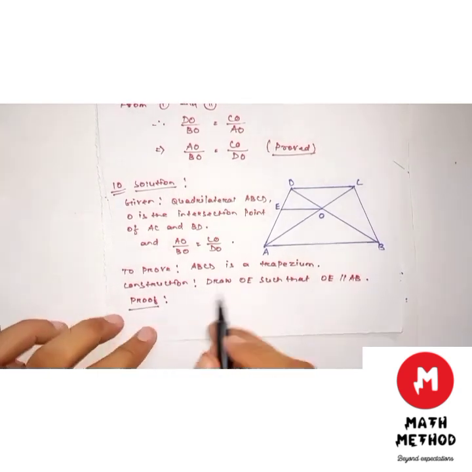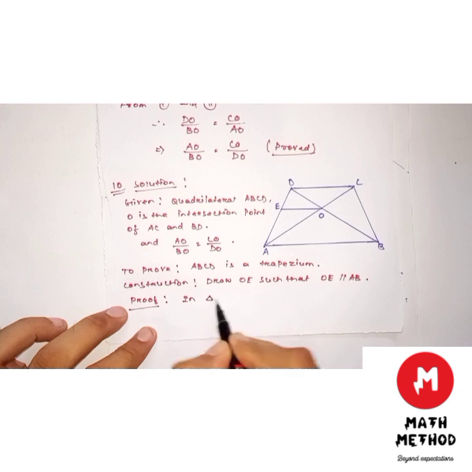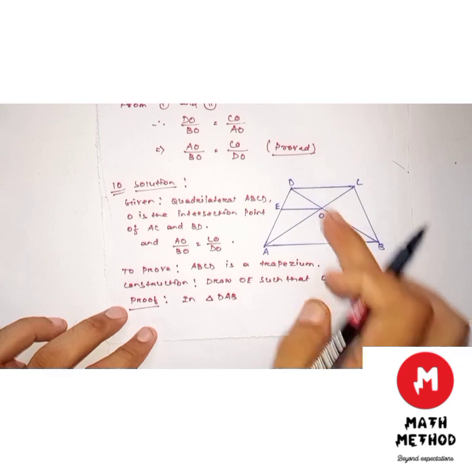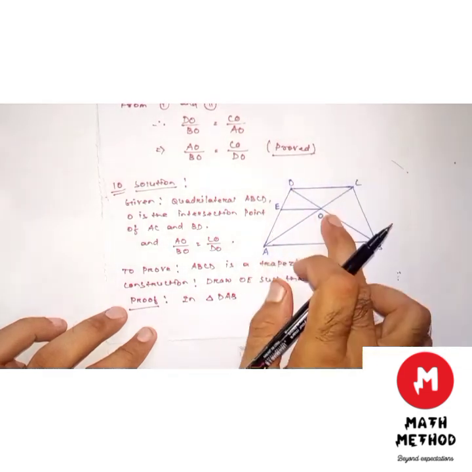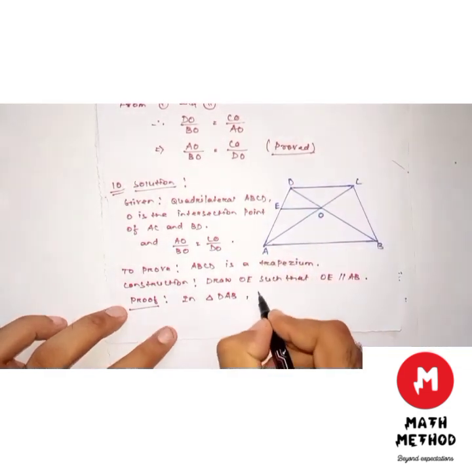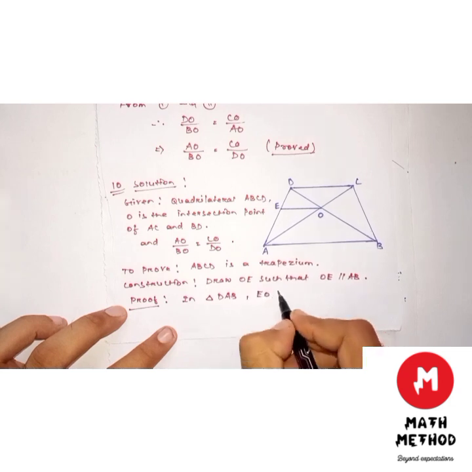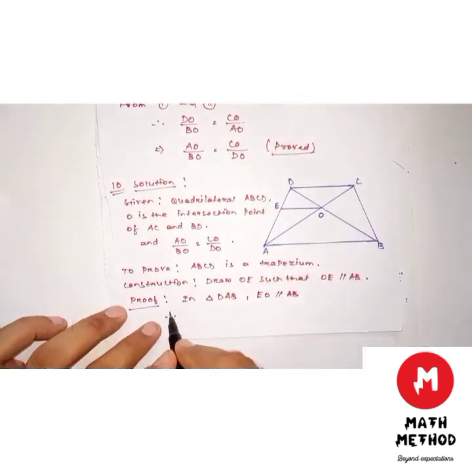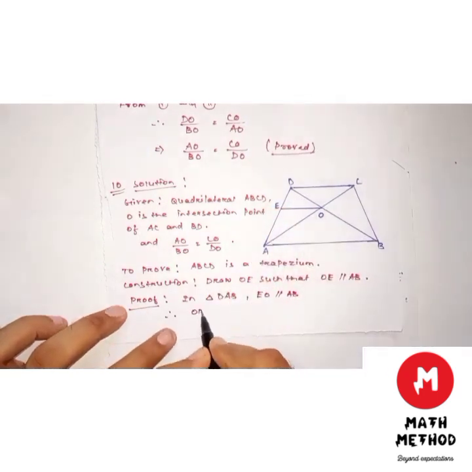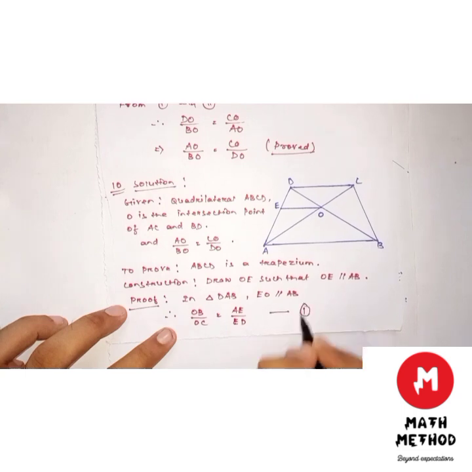Now in triangle DAB, EO or OE is parallel with AB. Therefore, according to Thales' theorem, OB upon OC is equal to AE upon ED. This is our Thales' theorem.